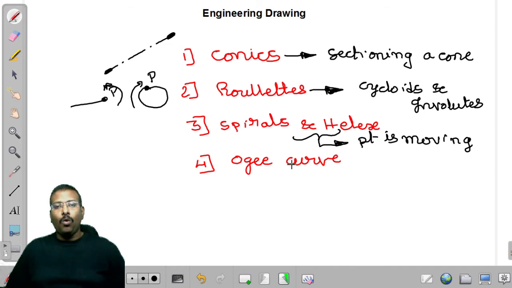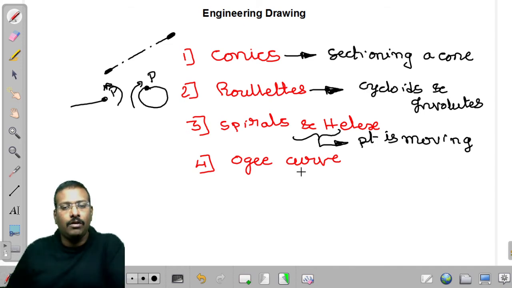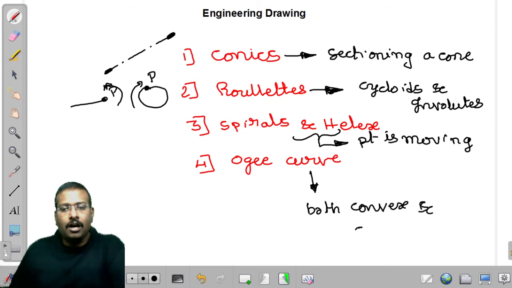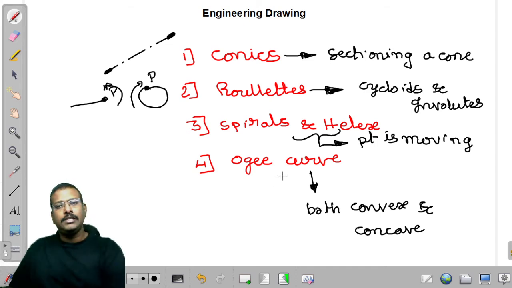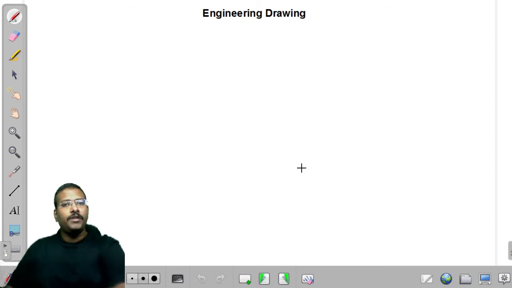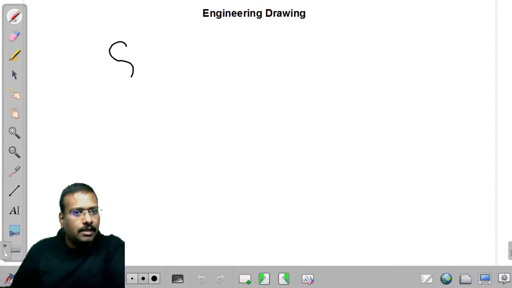And next one is Voge curve. What is Voge curve? It is a special curve which is having both convex and concave shapes. Both convex and concave shapes are found only in a Voge curve. So how is it? One of the best examples I can give is the letter S. For this curve, the center is here.